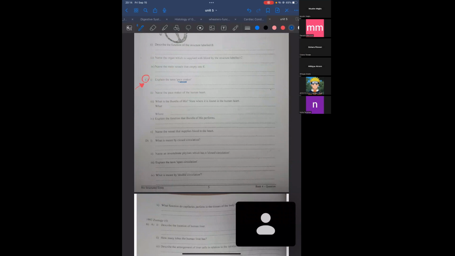The second question is name the pacemaker cell. When you see a question like this, you don't have to write the same thing on top, because in biology part 2 normally you run out of time. So the pacemaker of the heart is the SA node.